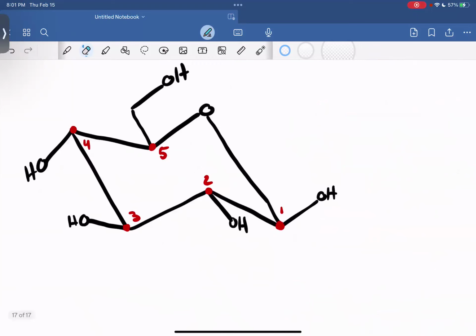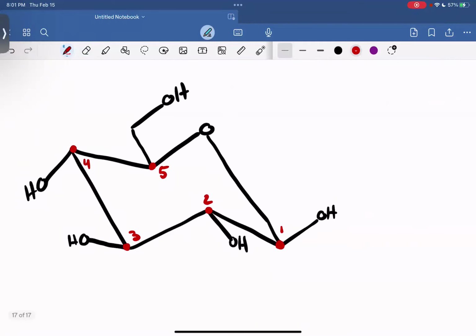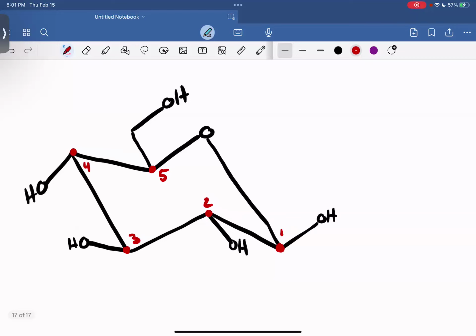Okay, even though we don't show the wedge or the dash. You're not required to tell me S versus R when we're using the chair conformation because you have to use different rules. But what you need to understand is that this can have an enantiomer and diastereomers.